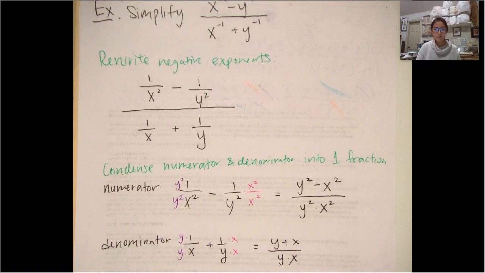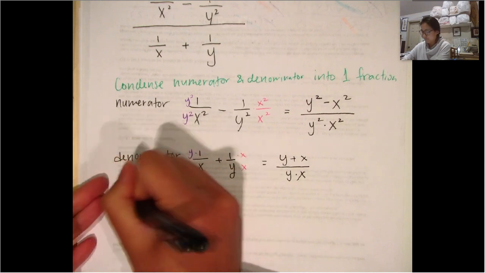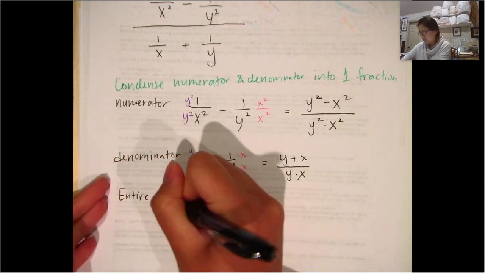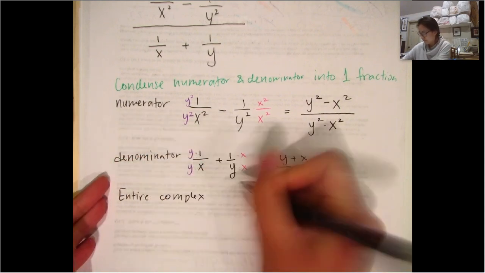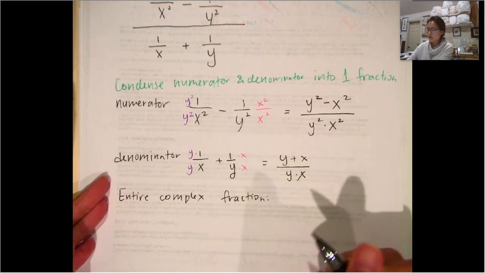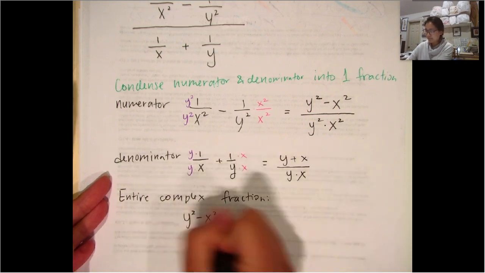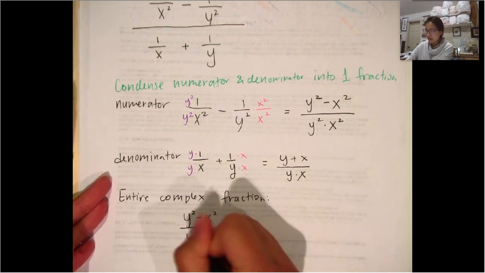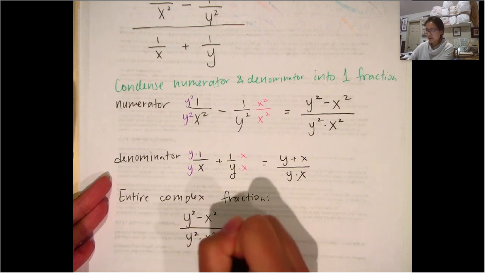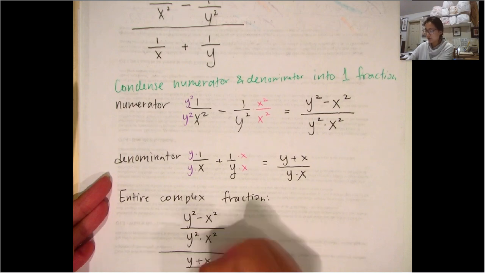So if you write that as the entire complex fraction, that's going to be y squared minus x squared divided by y squared times x squared, and then divided by y plus x over y times x.